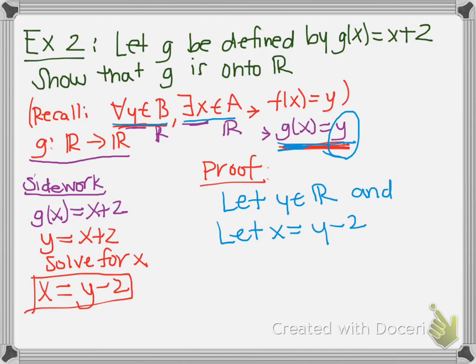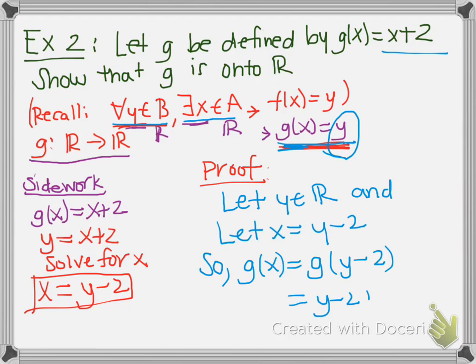So G of X will equal G of Y minus 2. And that will equal, our function is X plus 2, so it'll be Y minus 2 plus 2, which equals Y. Okay, and so we could say, therefore, trying not to go to a new page, G is onto R.